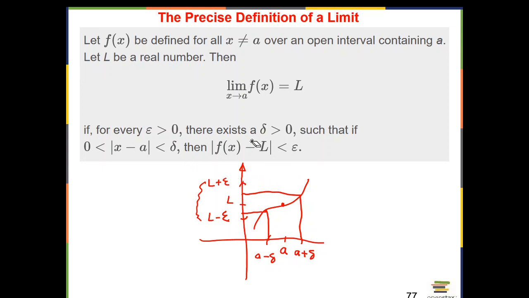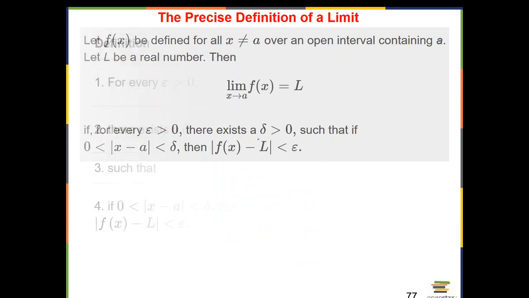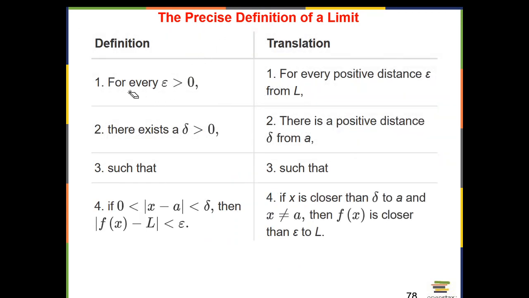Now, of course, we have to talk about this. So let's just start by translating this kind of official mathematical language to English, okay? So let's do that first. For every epsilon greater than 0 means that for every positive distance epsilon from L. That means if this is L on the y-axis, we are talking about for every positive distance epsilon from L, there exists a delta greater than 0.